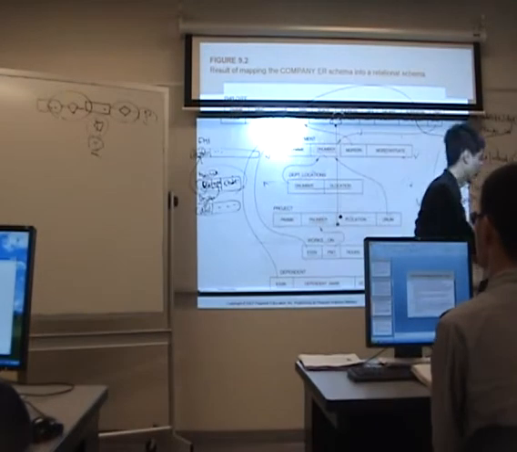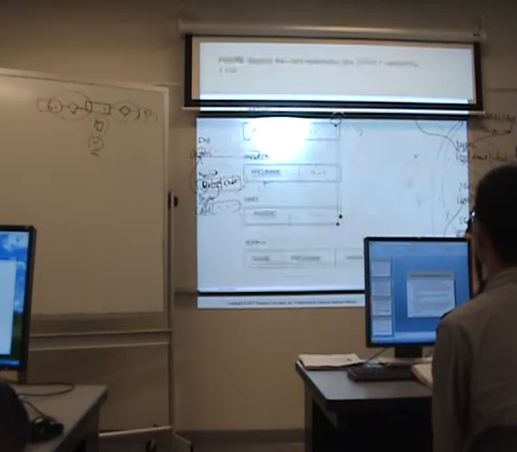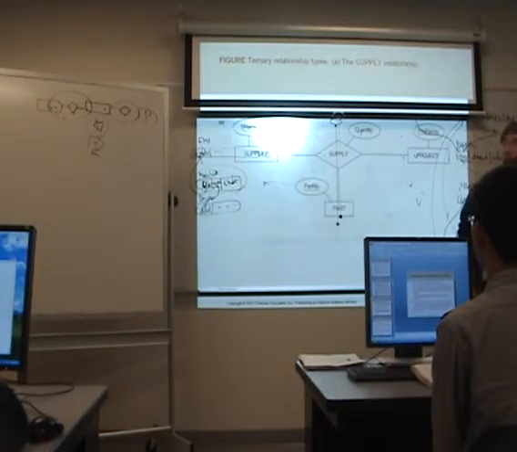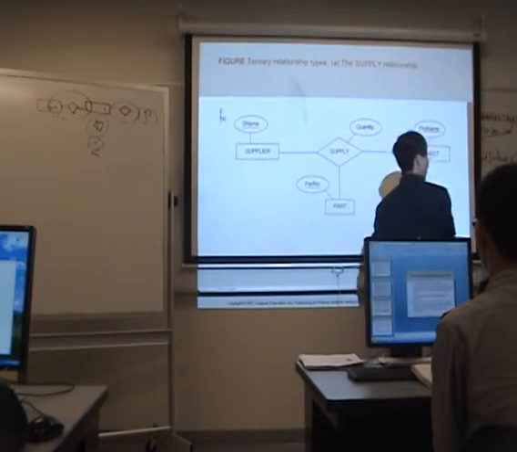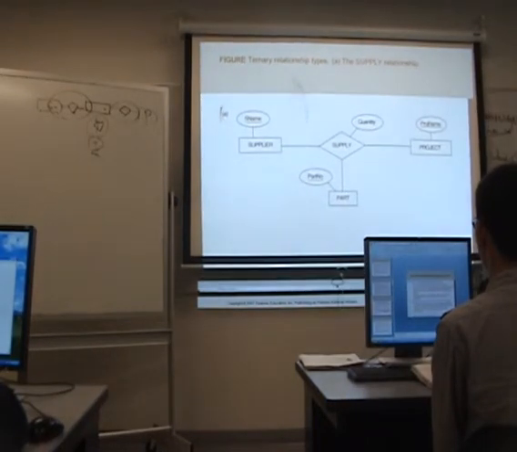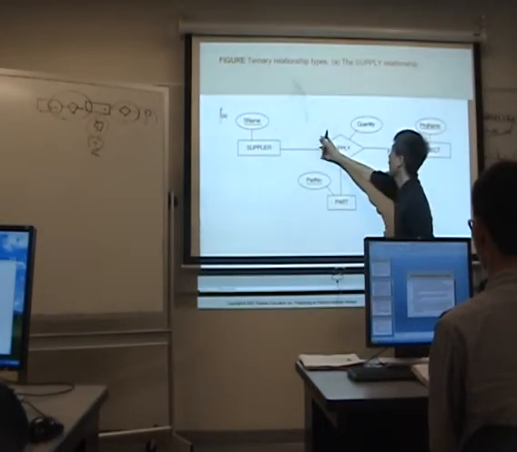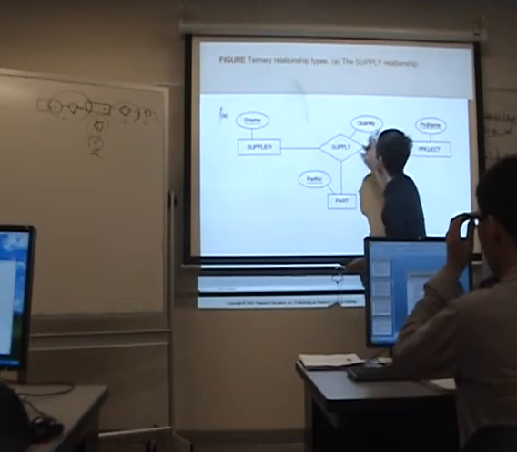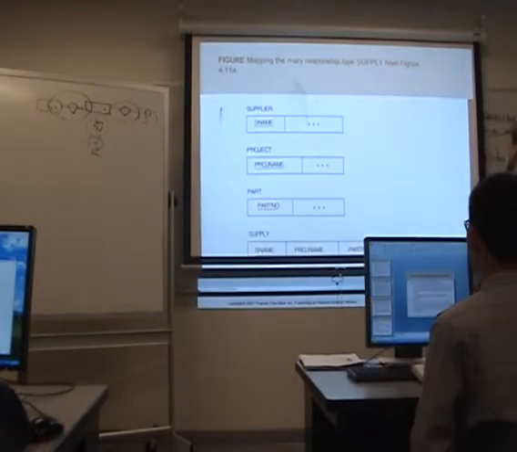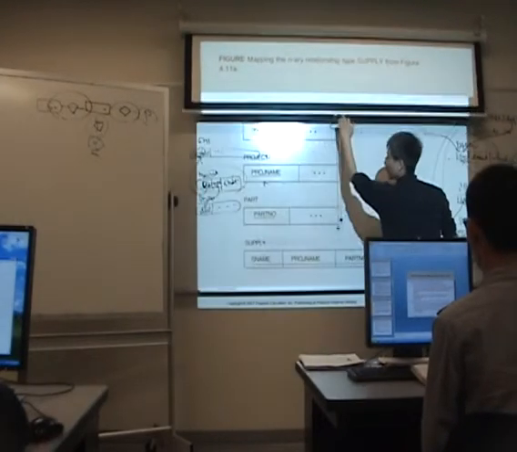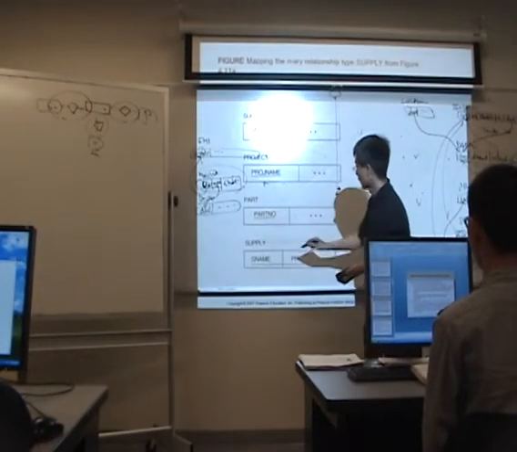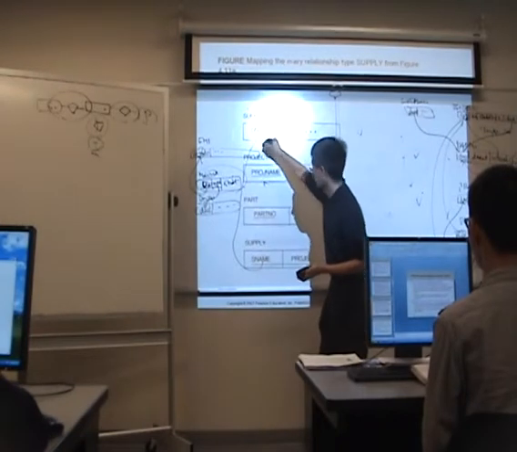So for example, this one. Make one relation for supply, then create the 3 relationships. Then eventually, like this one is missing. S name goes to here.